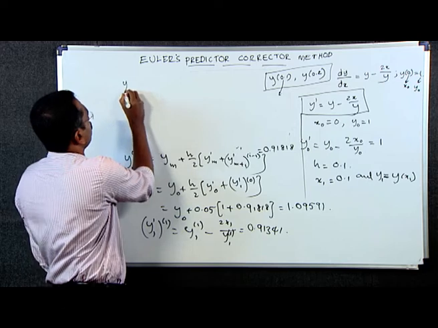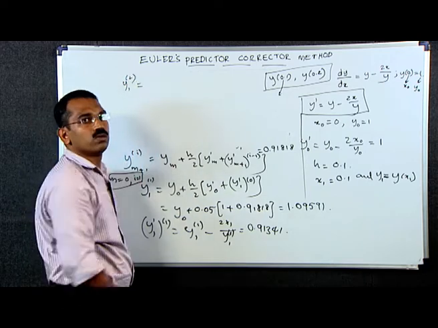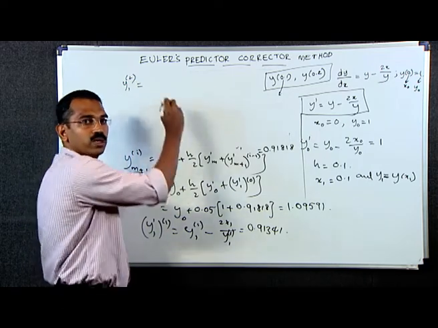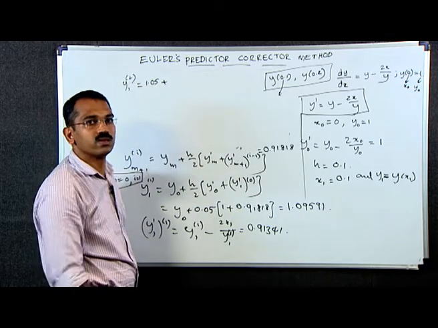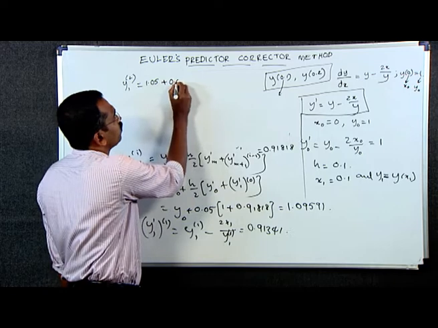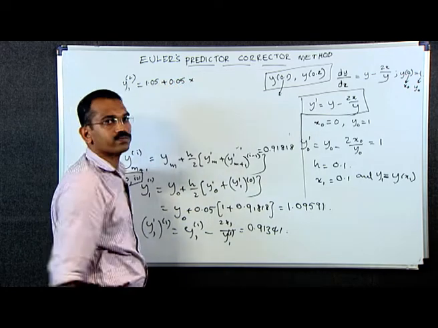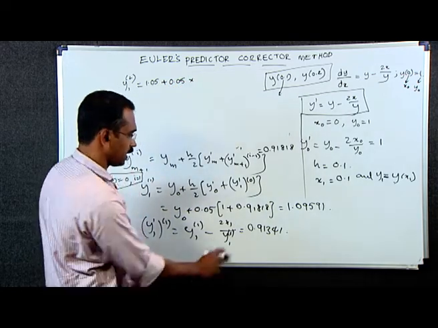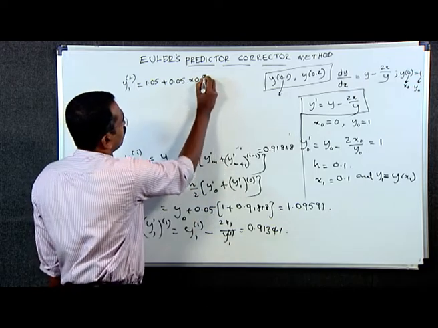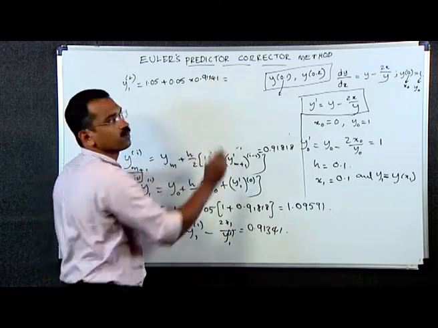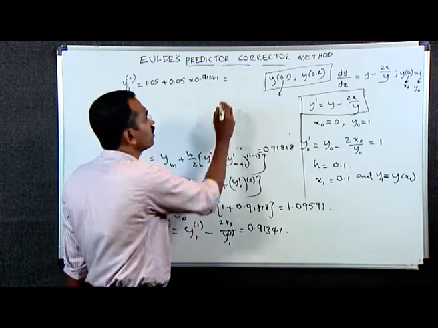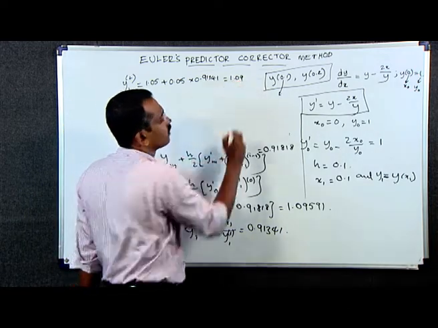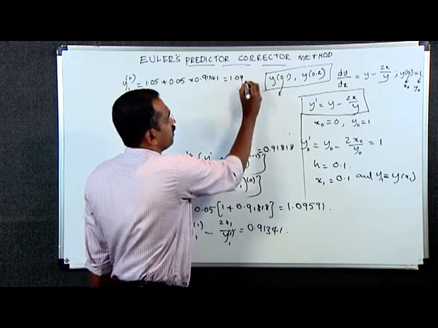y1(2), which is equal to 1.05 plus 0.05 into 0.91341. On simplification, we will get y1(2) as 1.09567.